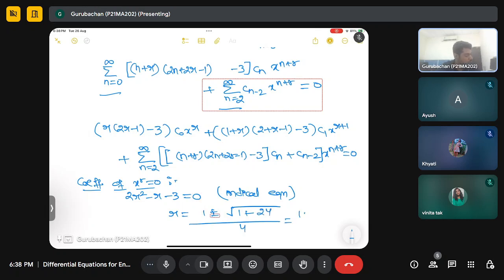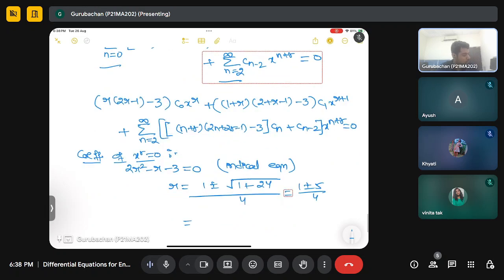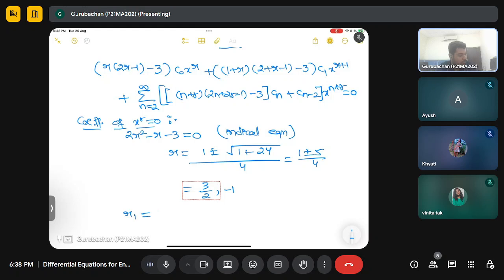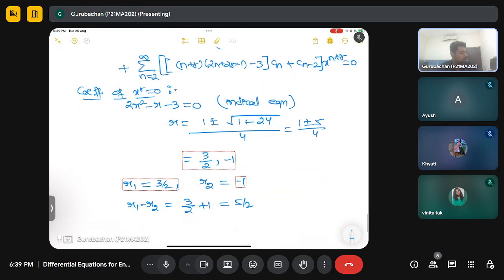So this will give you 1 plus minus 5 divided by 4. If it is plus, 6 by 4, that is 3 by 2, and if it is minus, it is minus 4 by 4, that is minus 1. Again we assume r1 to be 3 by 2, it should be greater than r2, and r2 to be minus 1, and r1 minus r2 will be 3 by 2 plus 1, which gives 5 by 2. Clearly this is not an integer, so we can follow up in a similar manner as the above case.